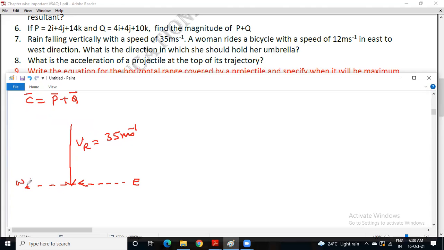Okay. What is the direction in which she should hold her umbrella? So since she is moving, woman, just let me write VW. So you take this V minus VW. In which direction she will get, so let's say this number is mentioned as 12 meters per second.